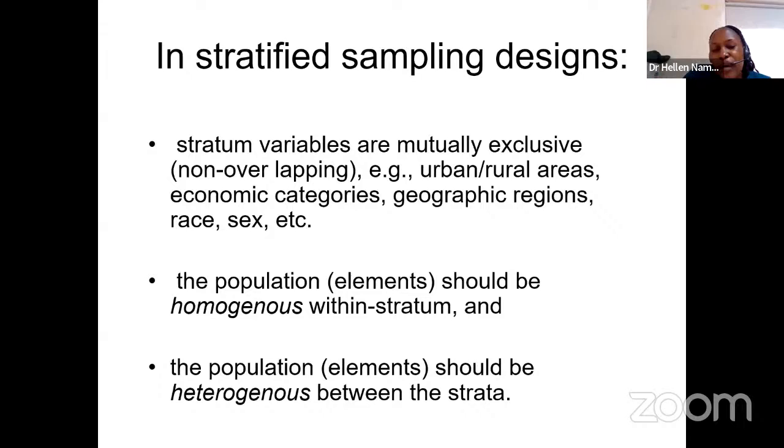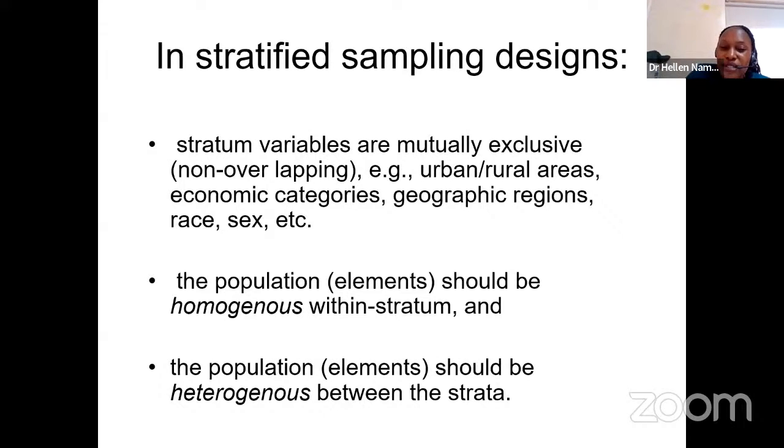Or you can take economic categories: those with low income, middle income, and upper income. You can consider geographical locations, like the east, the west, the north, and so on. You can talk about sex, stratifying the males separately from the females, then race, or you can call it ethnicity. In all these strata, the point is to partition these groups, and there should not be an overlap. They must be mutually exclusive.